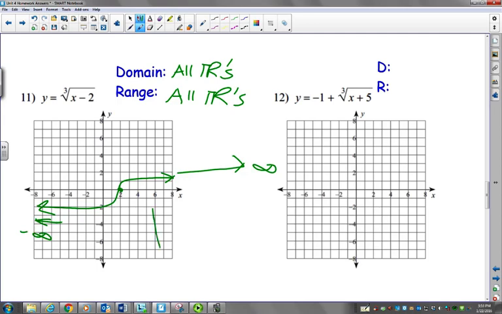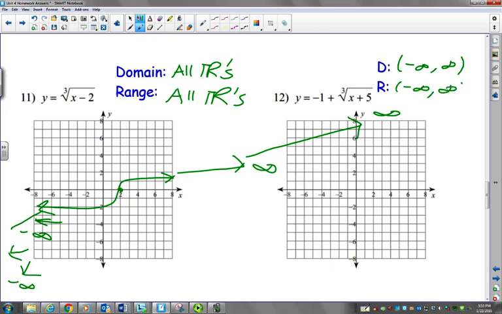It's going to take a long time, but eventually you will go down to negative infinity, and eventually you will go up to positive infinity. So all real numbers, or you could say negative infinity to positive infinity. Okay? So that'll help you with that one.